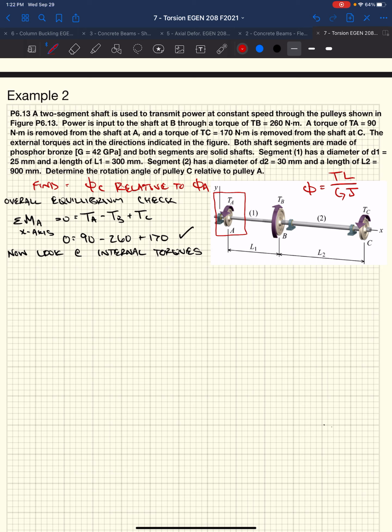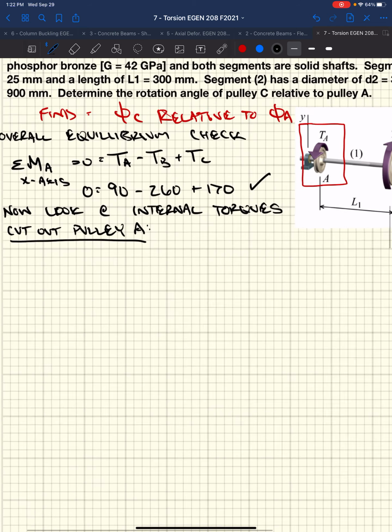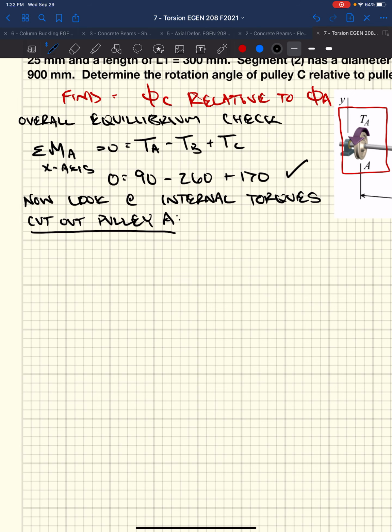pulley A. If I cut out pulley A, if we cut out the end, kind of like we see here, draw a free body diagram.